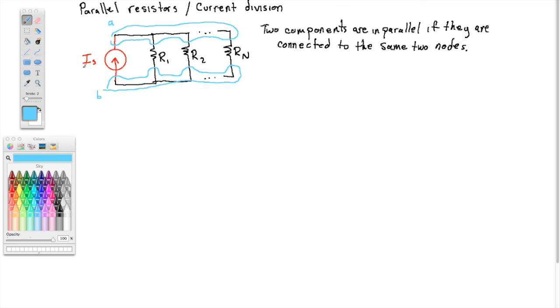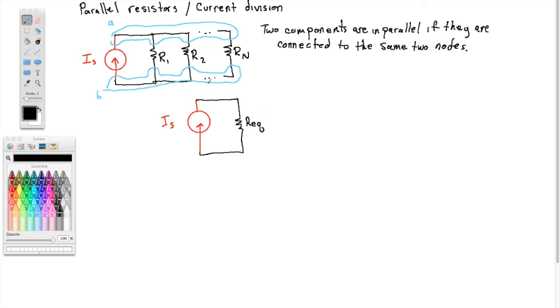Now, we want to know the equivalent resistance. And if I take the same current, okay, same current source, IS, and connect an equivalent resistance.